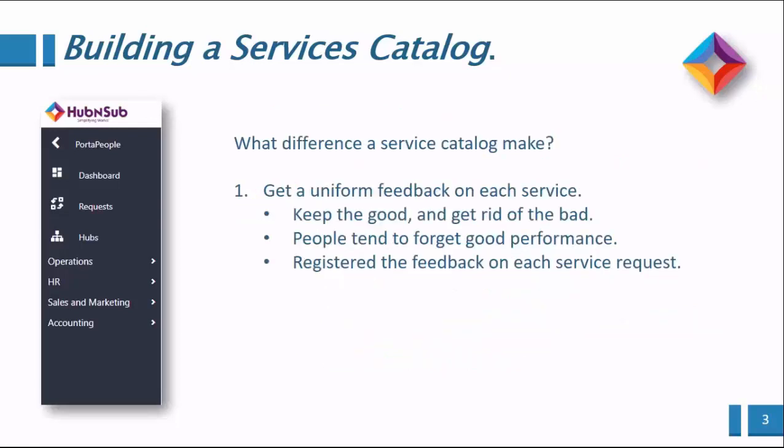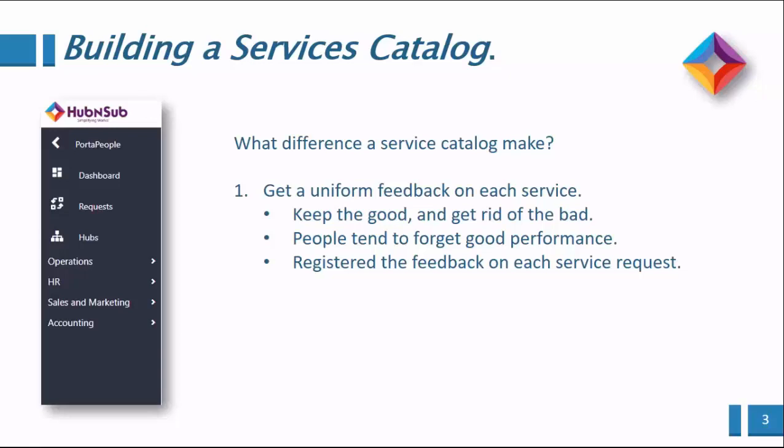What difference does a services catalog make? We are speaking here about the digital services catalog. The most important feature of a digital services catalog is that it provides the customers, internal and external, with an instant way of providing feedback to the team that provides the service. Take for example Uber.